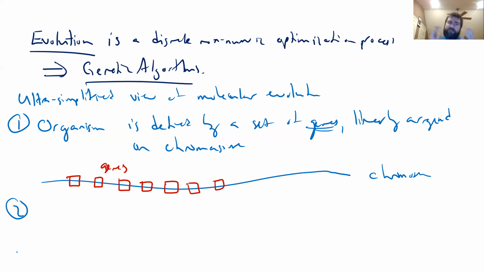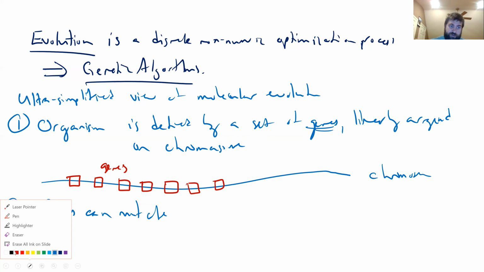The second important point describes how variation can be introduced into organisms. Genes can mutate, right? There are 2 important aspects of genetic mutation.